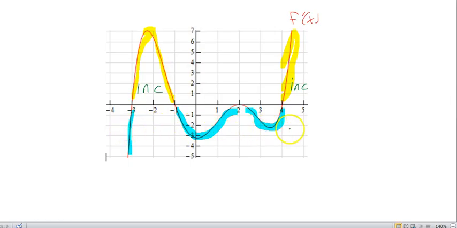Where we are below is where the original is decreasing. So I'm decreasing before -3, between -1 and 2, and between 2 and 4.